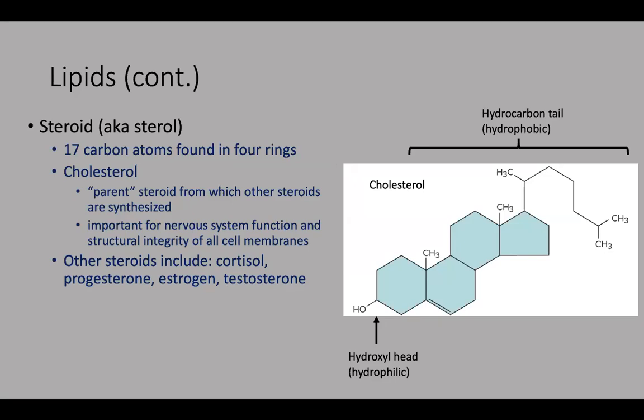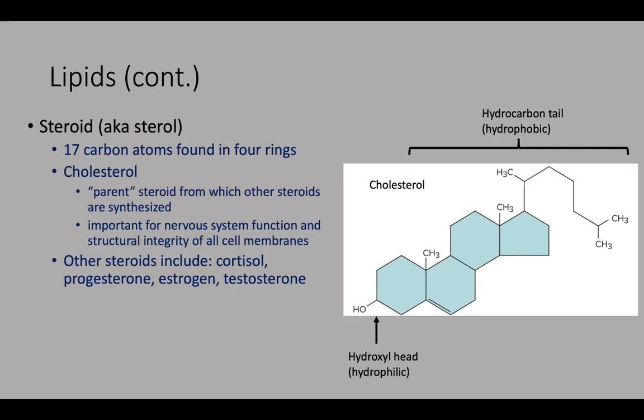That's going to be a steroid. Cholesterol is the most important steroid. Everyone has heard of cholesterol, and it's actually the steroid that all other steroids are made from. So it's the parent steroid. You have to have cholesterol in order to make all these other really important steroids in your system.